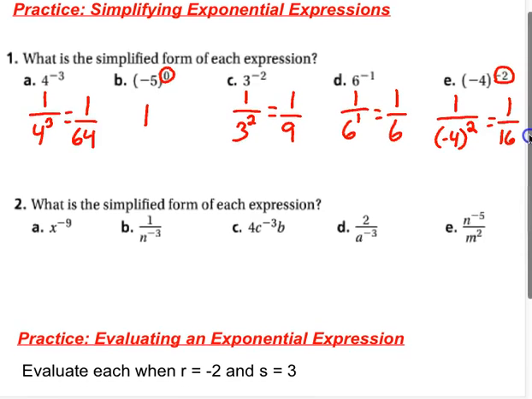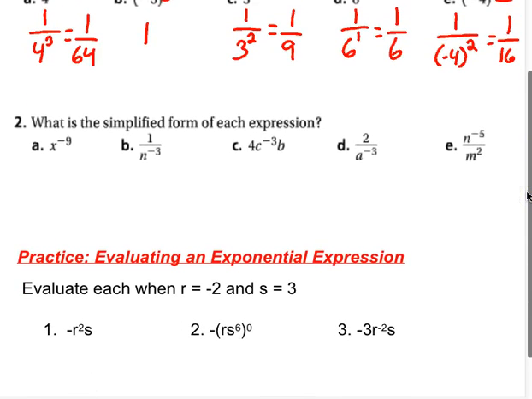Next set. Once again, I see a negative exponent, so I'm going to move that down so it can get a positive exponent. So variables work the same way as numbers do in all of these rules, okay? B is a little bit different than what you've seen before.